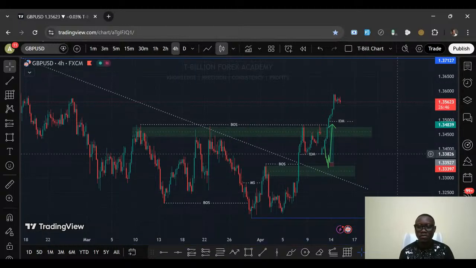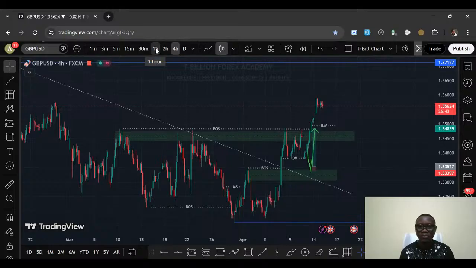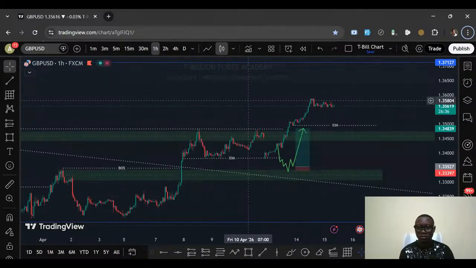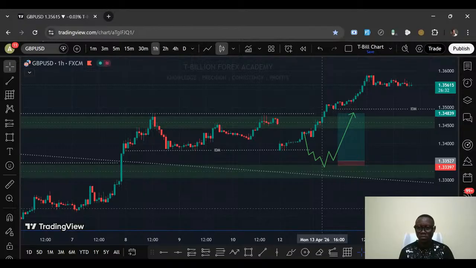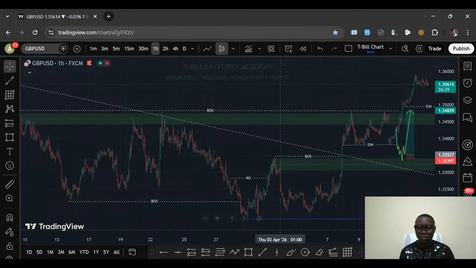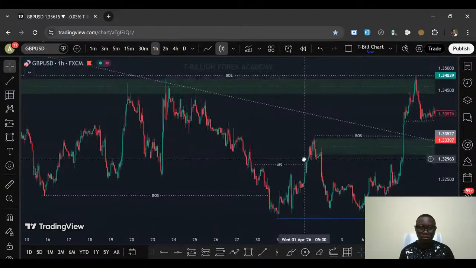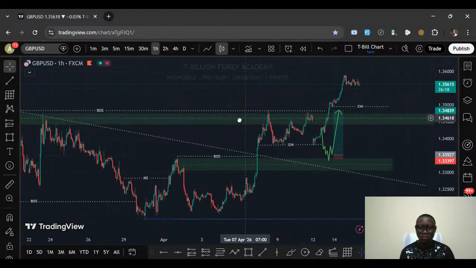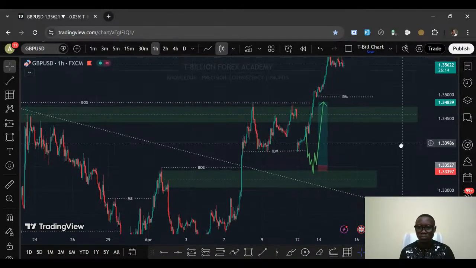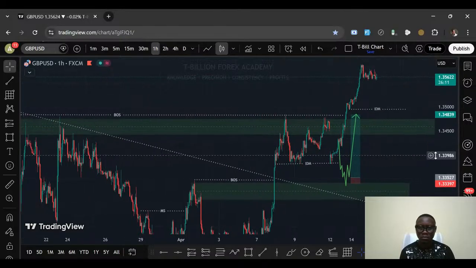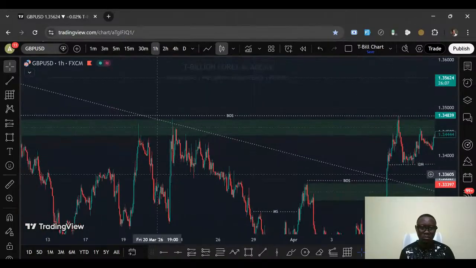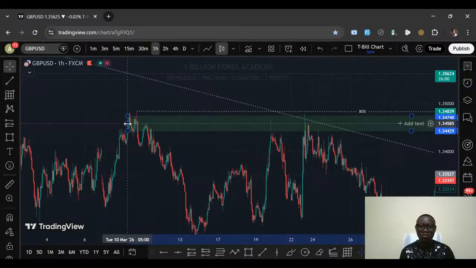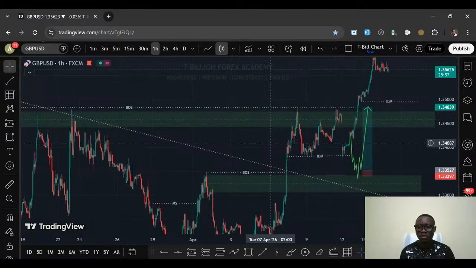Now let's drill down to the 1H time frame to read the price action on the 1H time frame. Okay, so this is our 4H point of interest.